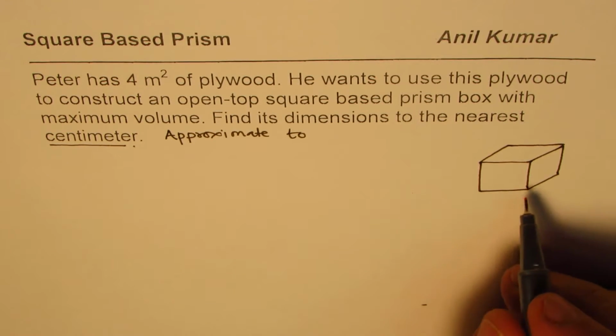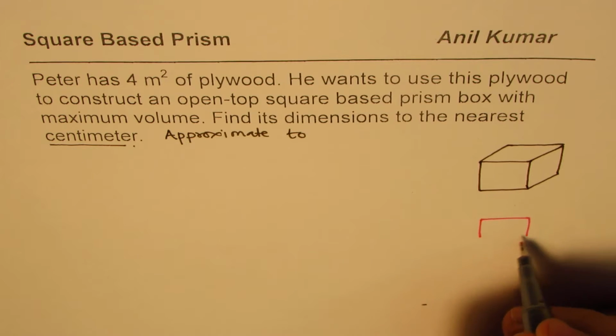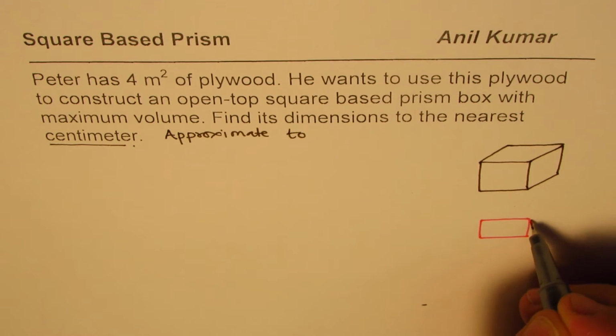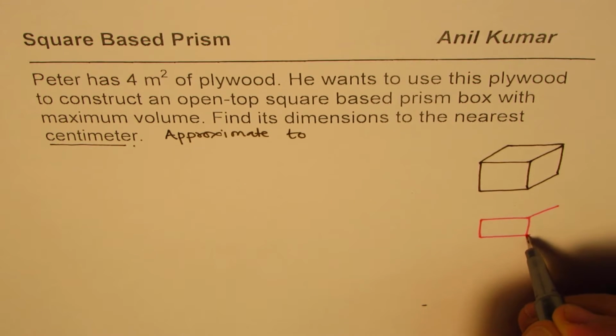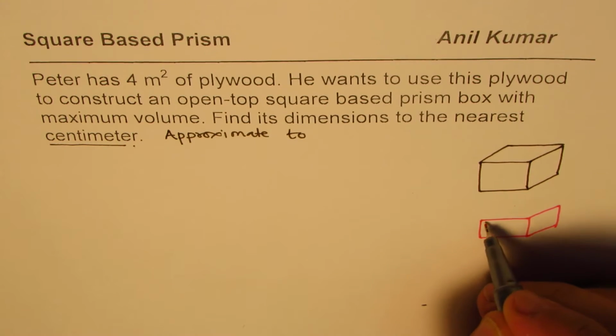So I'll make another box which has lesser height, but the base area is a square. So it's a square base prism. So we have a square base here, but the height is smaller.